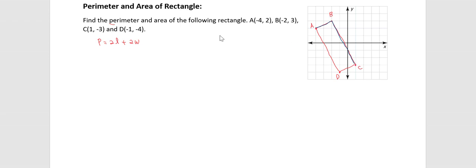And we use the distance formula, which is c equal to the square root of a squared plus b squared, which is of course based on the Pythagorean theorem.